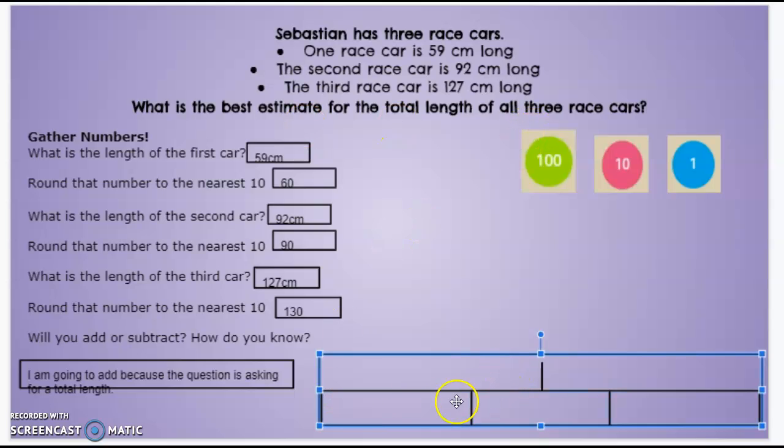So here's my strip diagram down here. And you notice that I have 3 boxes instead of 2 like you have been seeing. That's because we have 3 different categories or 3 different parts, because part 1 is the first race car, and that's 60 centimeters, car number 1.